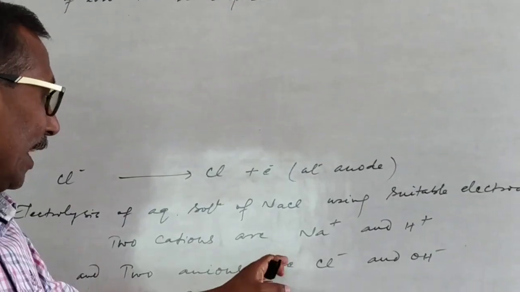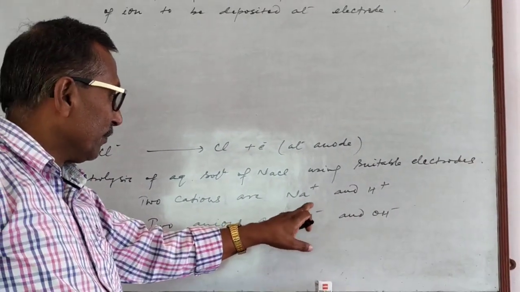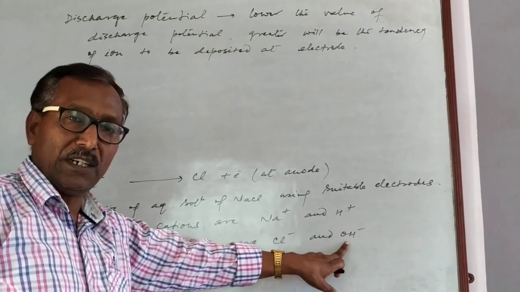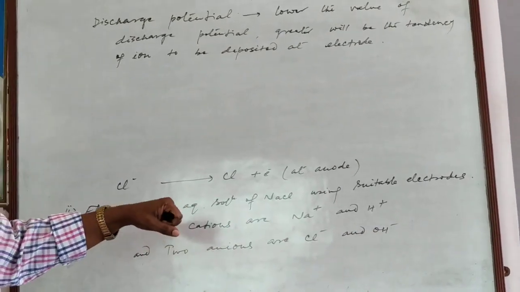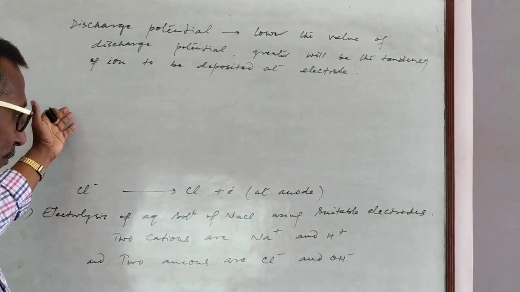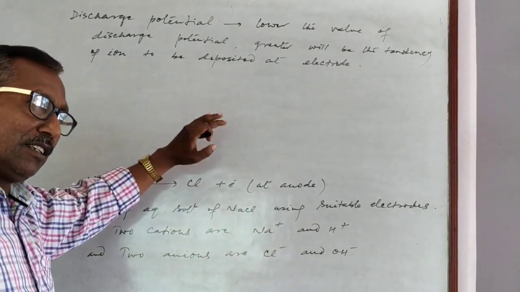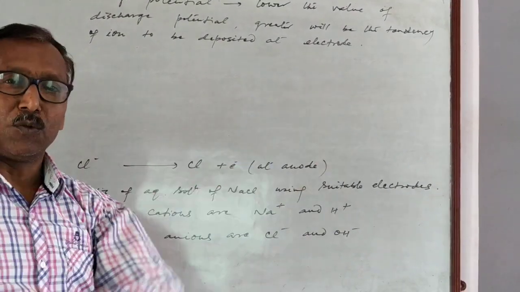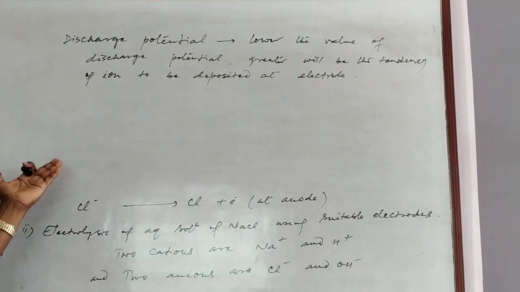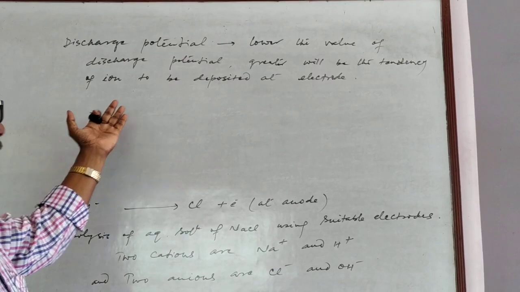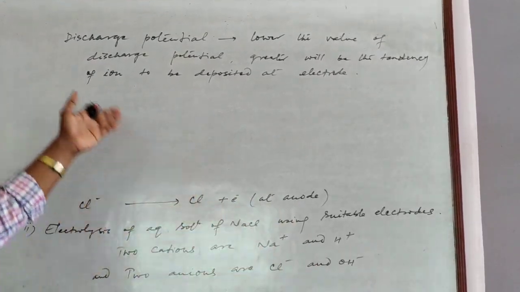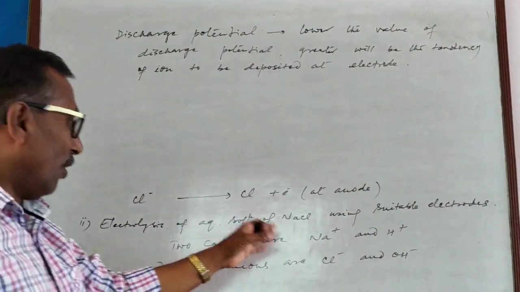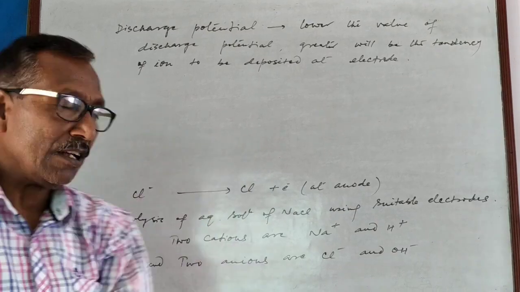Now here we can compare the discharge potential of Na+ with H+ and Cl- with OH-. This discharge potential can also be expressed in the form of a standard reduction electrode potential and a standard oxidation electrode potential.